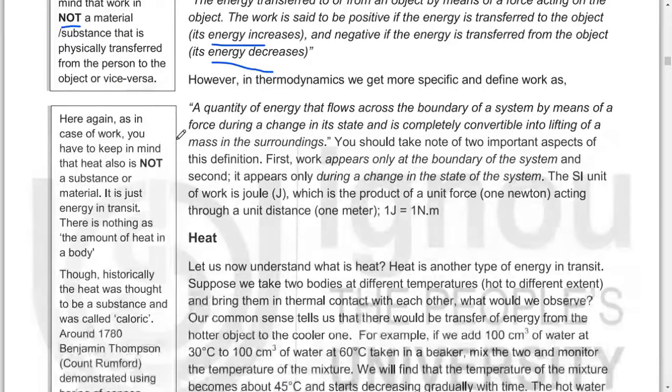We should take note of two important aspects of this definition. First, work appears only at the boundary of the system, and second, it appears only during a change in the state of the system. The SI unit of work is joule, which is the product of a unit force, 1 Newton, acting through a unit distance, 1 meter. 1 joule equals 1 Newton meter.